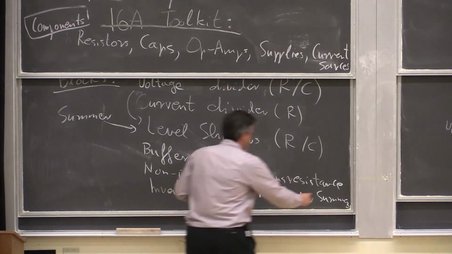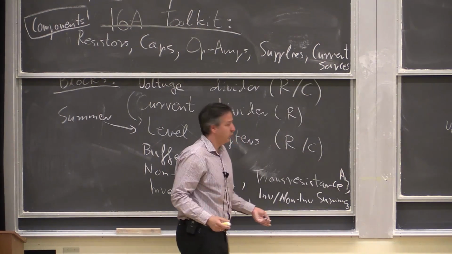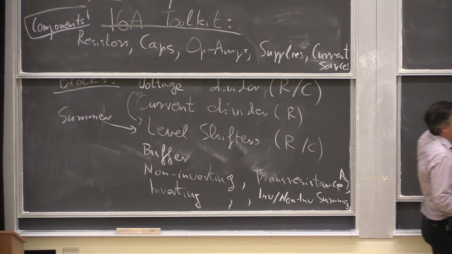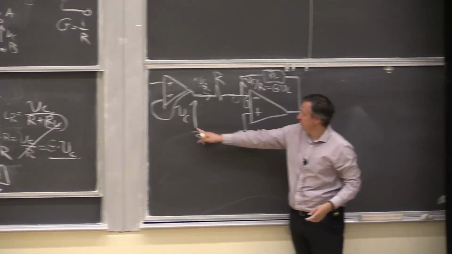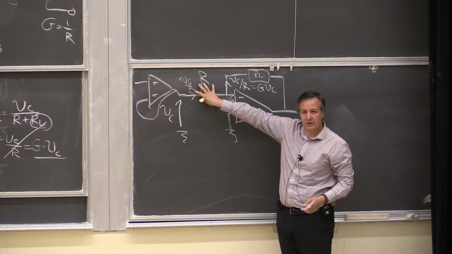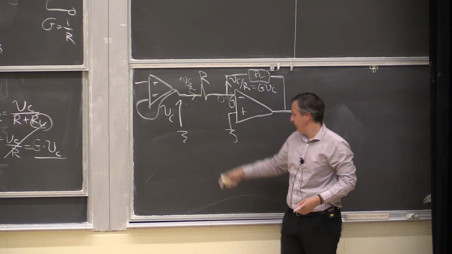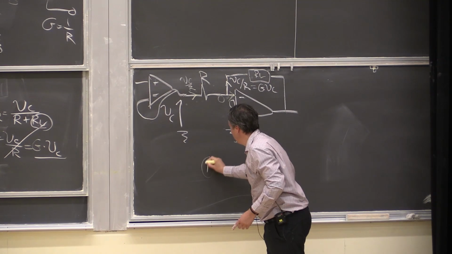No, trans-resistance amp. Right? Trans-resistance was basically, let me remind you real quick, it comes from this. It's just instead of VC over R, using R in this branch, I use a current source. Right? So I can draw it basically like this.